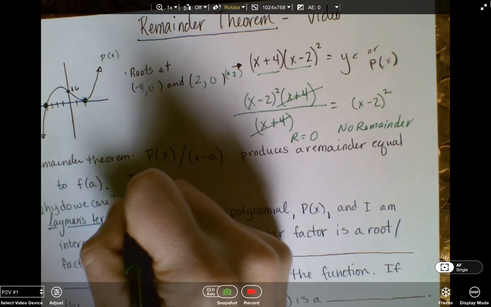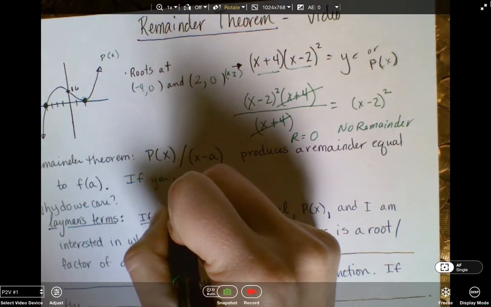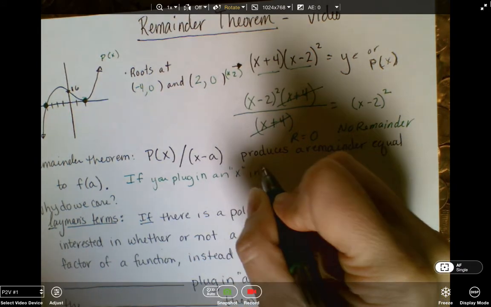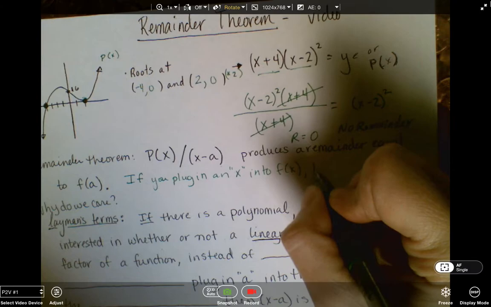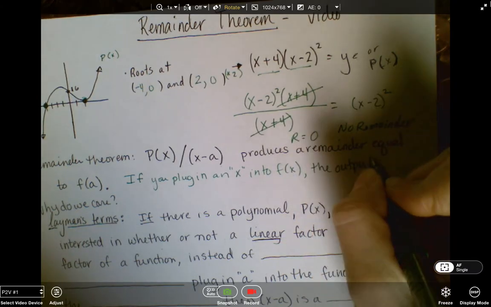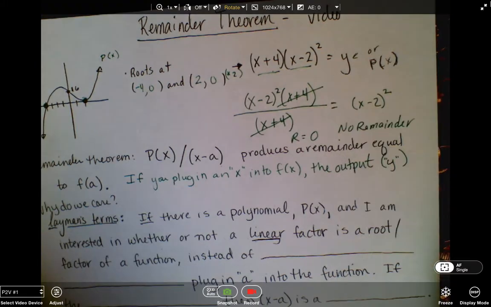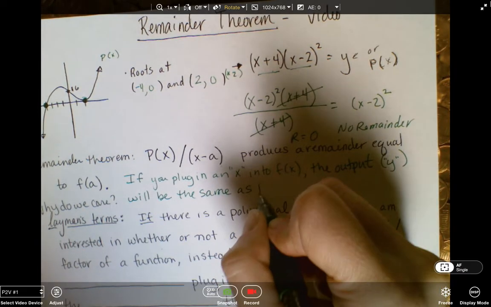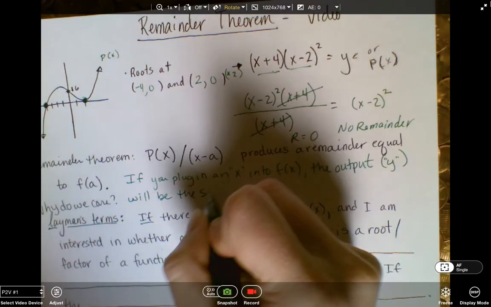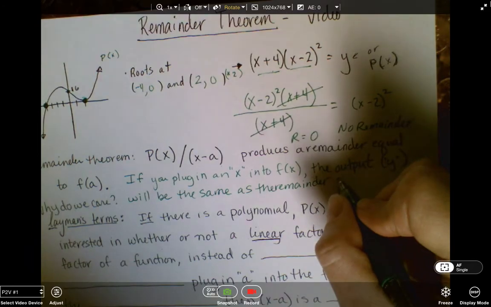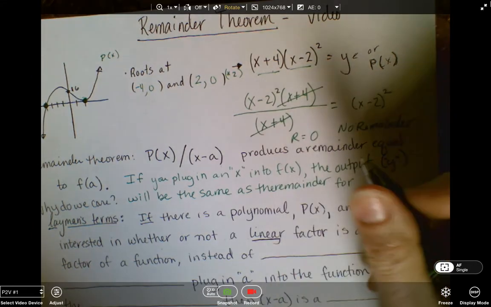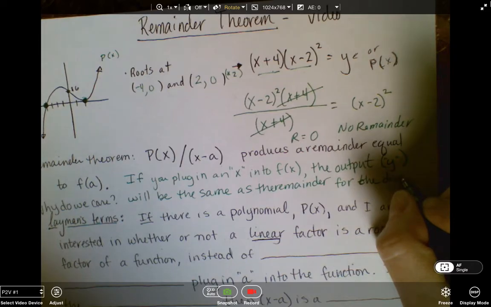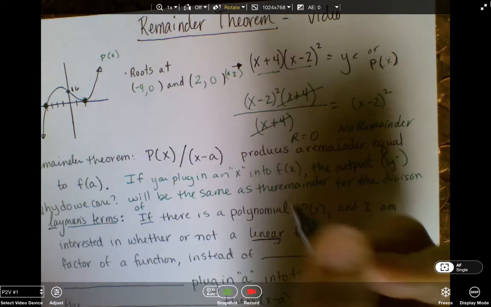So if you plug in an x into f of x, the output y will be the same as the remainder for the division of f of x.